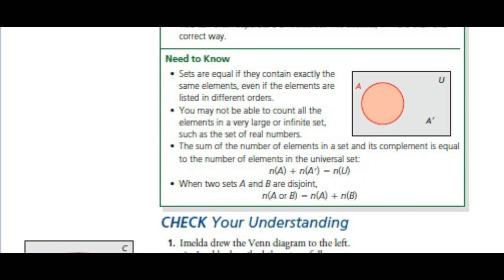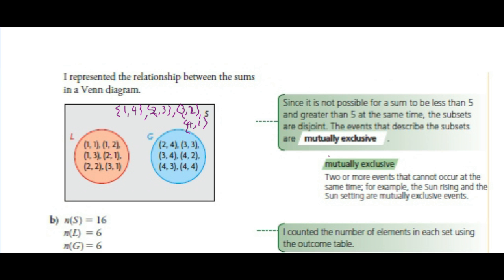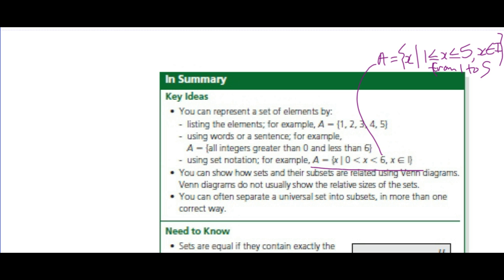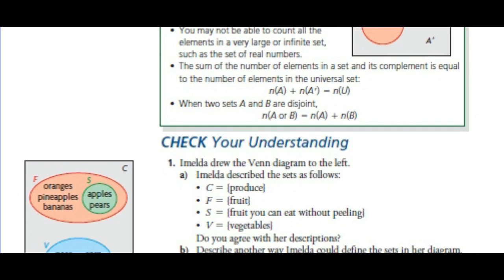So these guys back here, these are not complements, right? We said if we stuck these guys inside here and said it was a sum 5 or less, then these guys would be complements, right? That would be the sum 5 or greater. Okay? So they're not complements because they don't contain everything. They only had 12 out of the 16 elements.